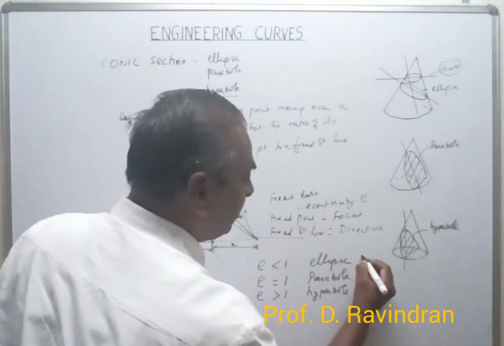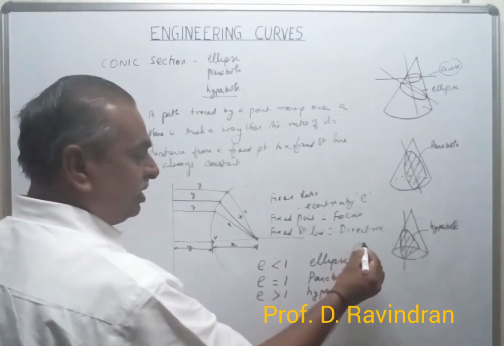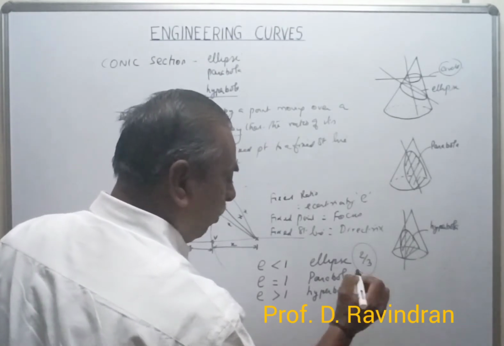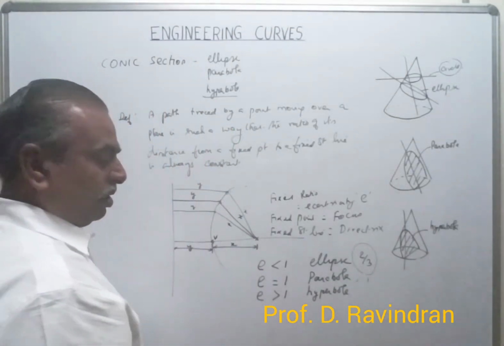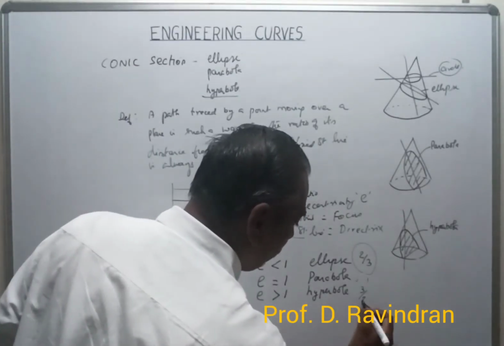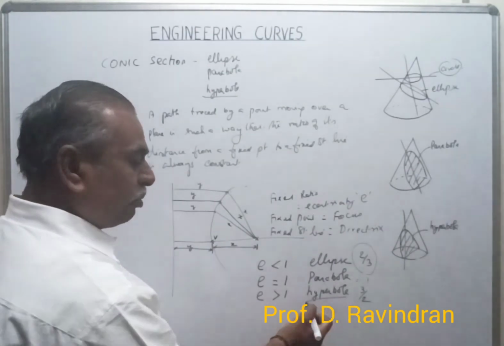For example, if we say it's 2 by 3, the ratio is less than 1, so when the eccentricity is 2 by 3, the curve will naturally be an ellipse. When the eccentricity is 1, then the curve will be a parabola. When the eccentricity is more than 1, for example 3 by 2, then the curve will be a hyperbola.